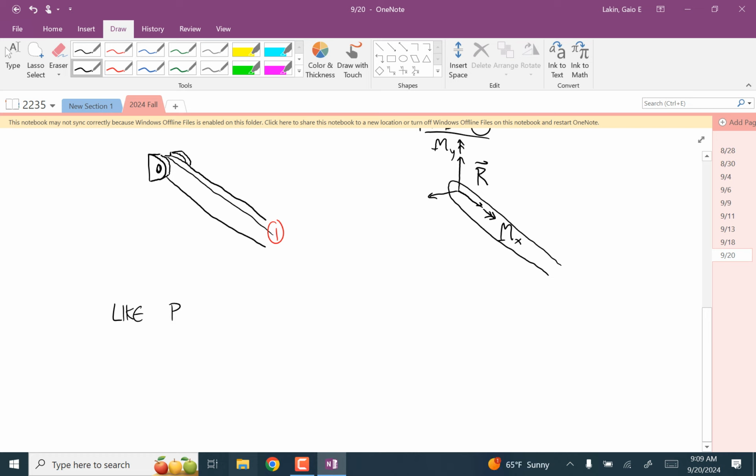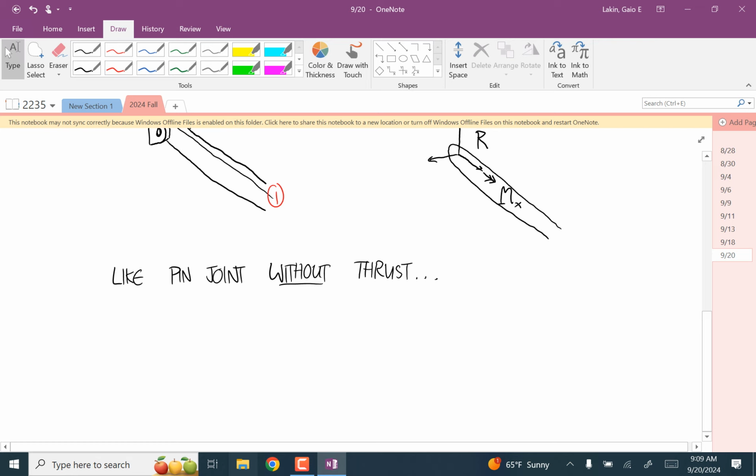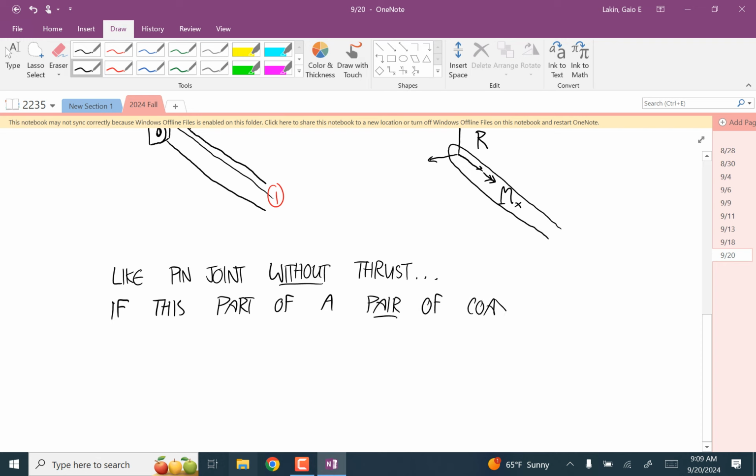Like the pin joint without thrust, if this is part of a pair of coaxial pin joints, leave those couples out.